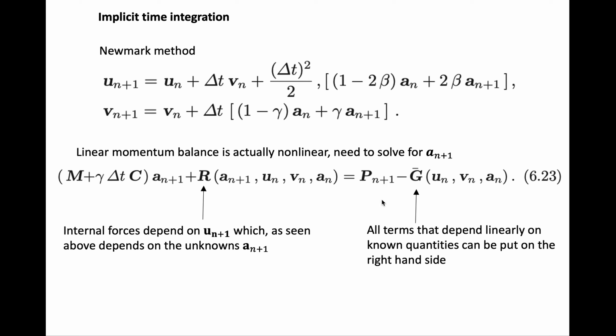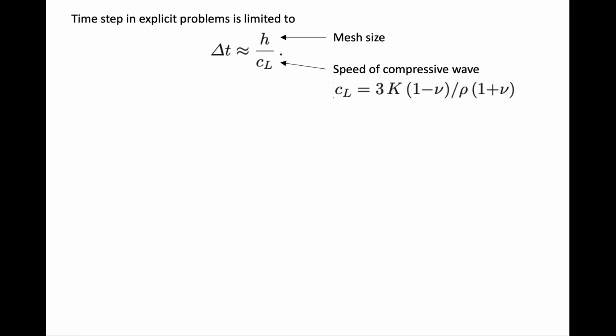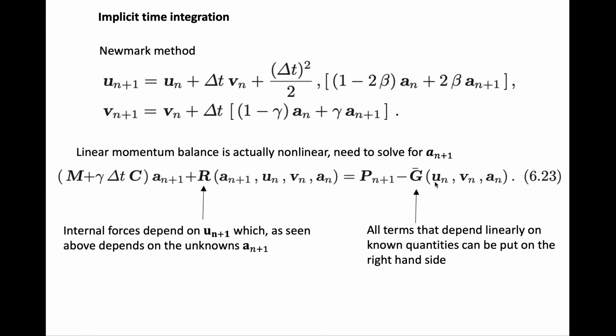And then whatever, when you plug this into the linear momentum balance, whatever depends only on un, vn, and an, you can put it on the right hand side. It's not derived in the book, but really it's not that bad. So basically, if you plug these two into this part, and then just move everything that has a linear dependence on un, vn, and an to the right hand side, the only thing left on the left hand side is the thing that multiplies the unknown acceleration, and the residual, which, as I said, is the internal forces associated with displacement un plus 1.